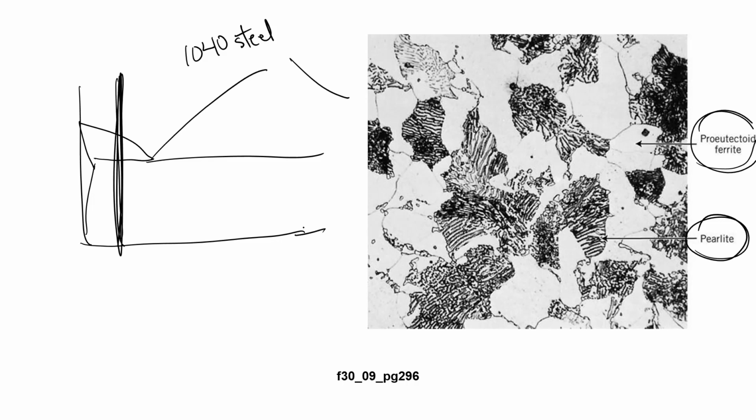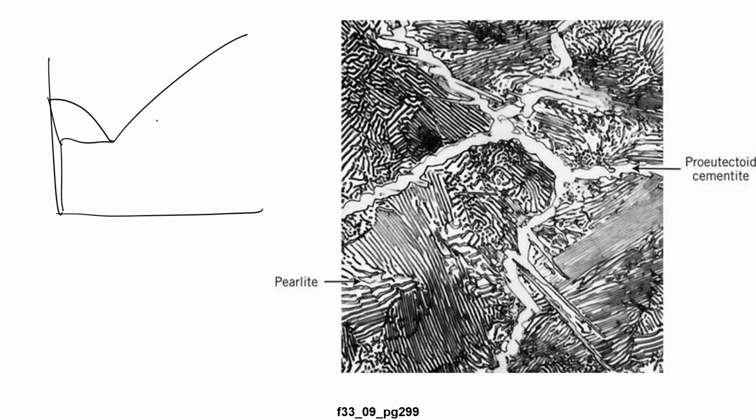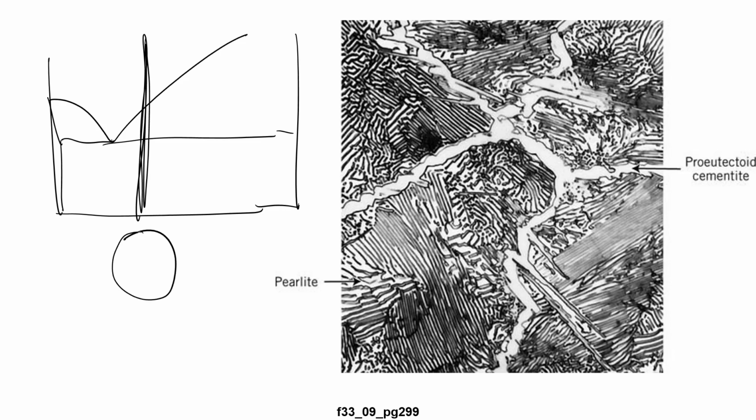Now, what if I was on the other side? Well, it would look like this. If I'm on the other side over here, I'm going to have proeutectoid cementite. In this case, it kind of looks like a lighter phase here when there's enough of it. That's this stuff right here.